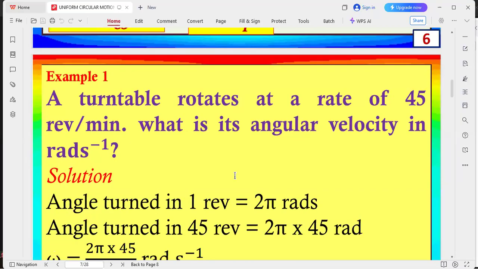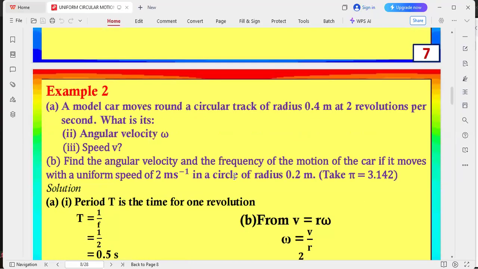We are now on the second example. A model car moves around a circular track of radius 0.4 meters at 2 revolutions per second. The moment you see revolutions per second, that is frequency. What is its, I think this should be Roman 1, angular velocity omega.